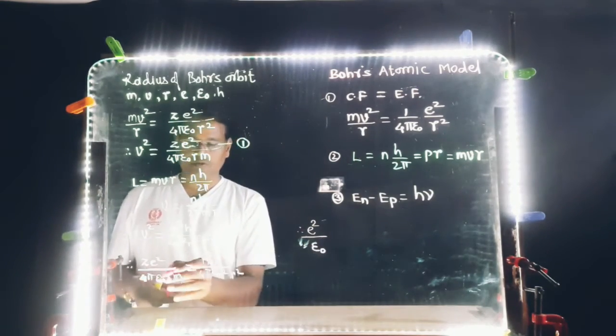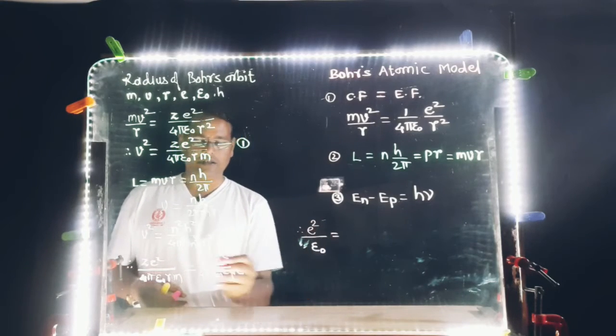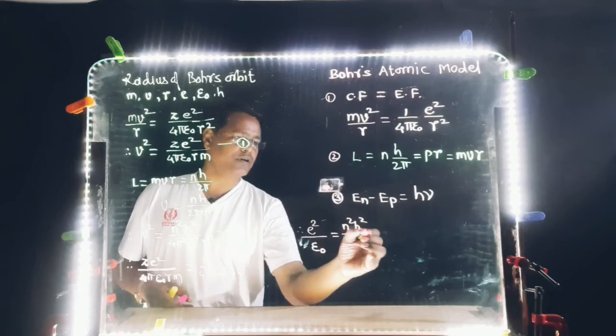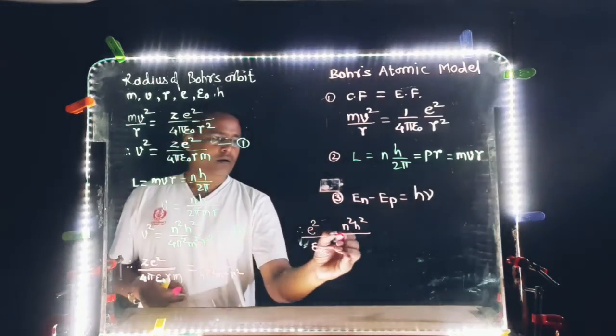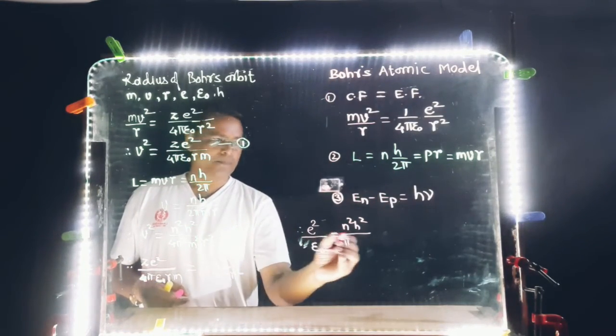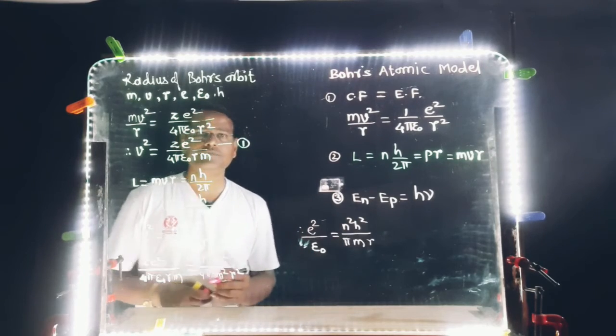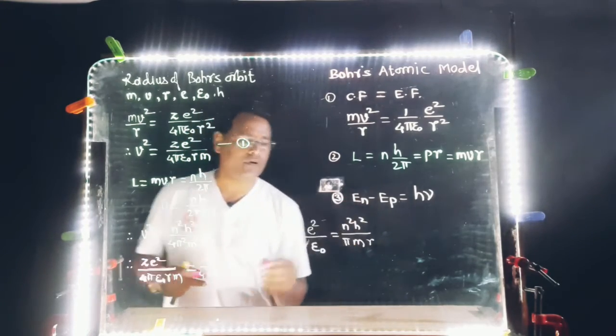Next part epsilon naught here, and on right side here remains, it is n square h square divided by pi m and 1r. Finally, you can write for r.